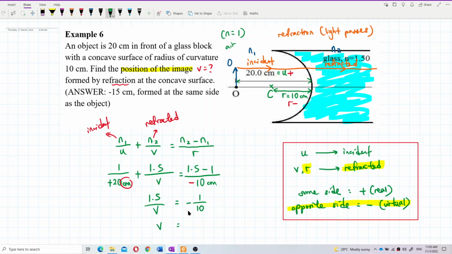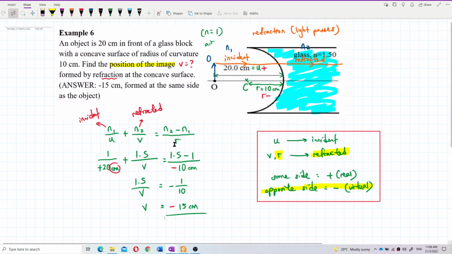And find the V. Take the reciprocal, and then multiply 1.5. Okay, so I got this V is negative 15 centimeter.